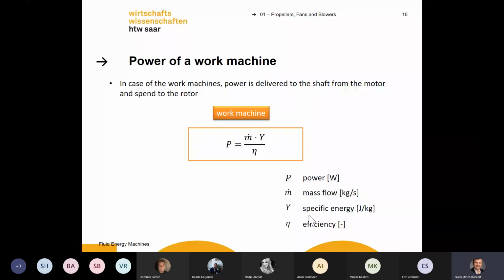Okay, I tell you, specific always means our variable is divided by mass. If you have, for example, the unit joule, you divide it by mass, you call the quantity specific. Or if you have a volume, you divide it by the mass, it's a specific volume. That's something we will use more often.